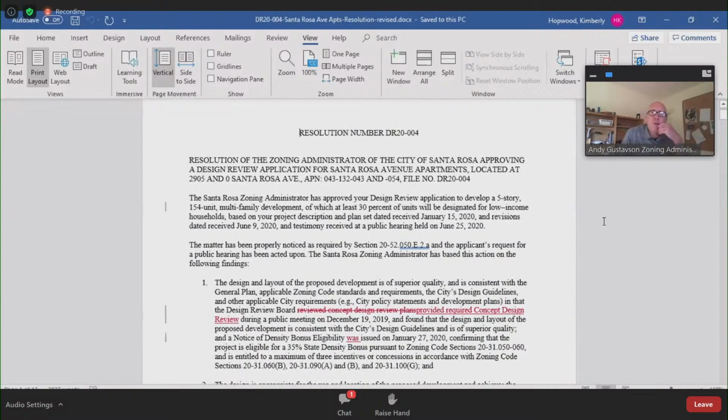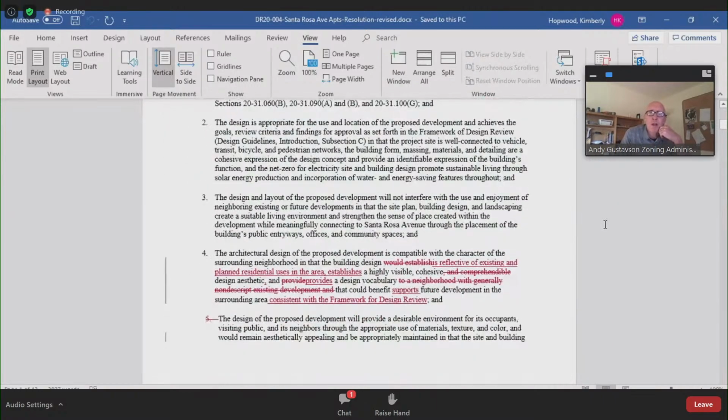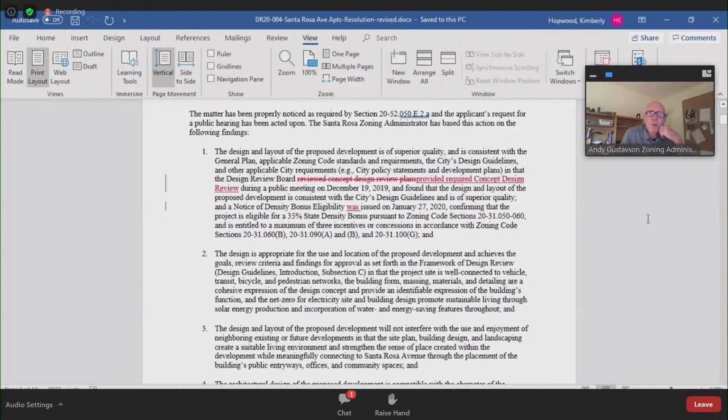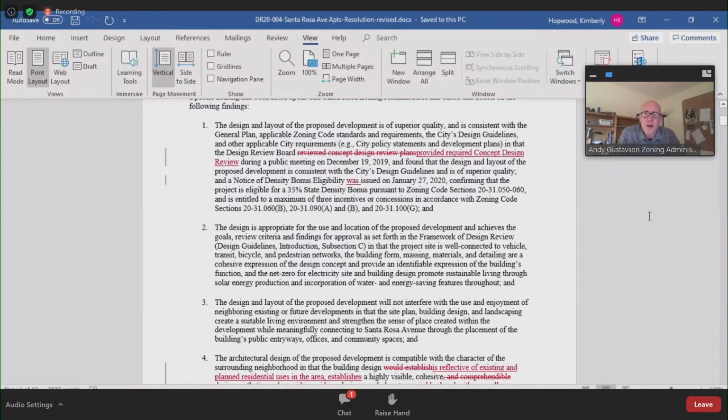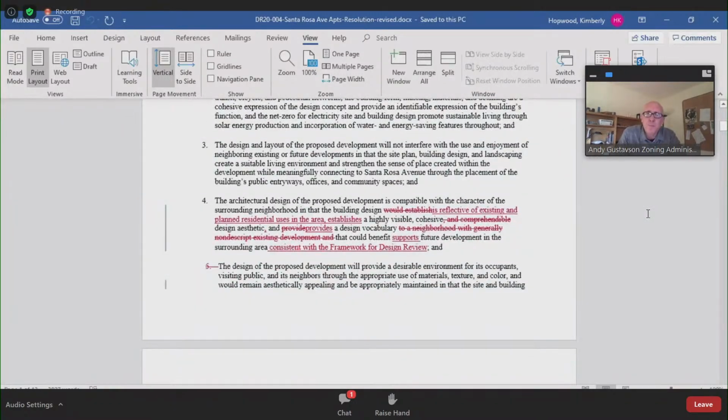So you can see that the changes are clarifications to finding number 1, and the same changes to finding number 4 apply here. Namely, that this design bridges an existing residential use in the area with planned residential use that we hope to see developed here in the future, and that it really does rise up to the challenge of this site.